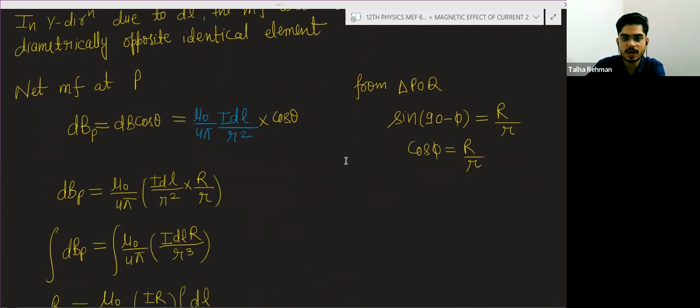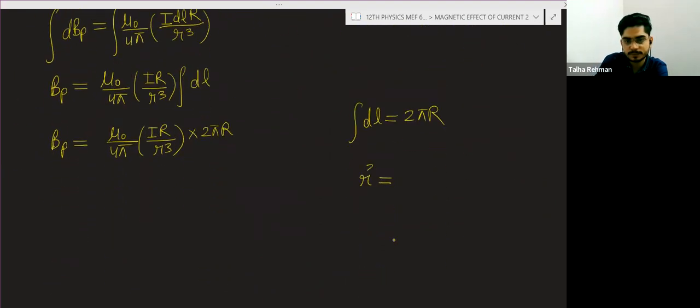So r is the root of R square plus x square. Now put the value of r here.